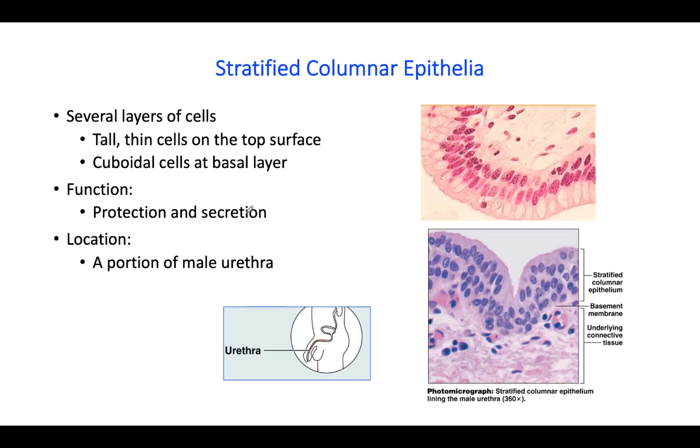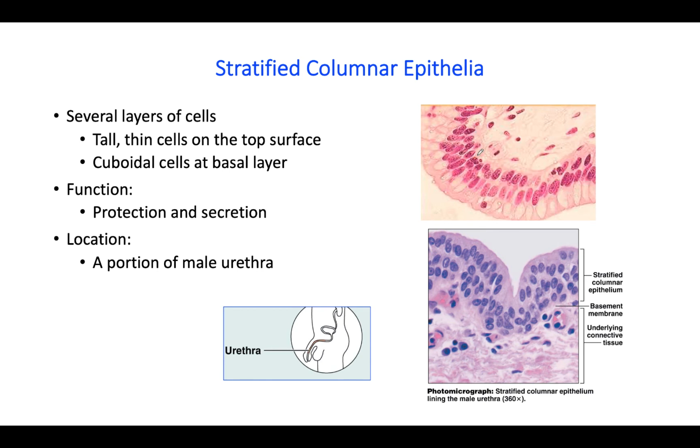Stratified columnar epithelia are composed of multiple layers of cells with tall, thin cells resting on layers of more cuboidal cells. So if we look here, this layer close to the free surface is columnar epithelia.